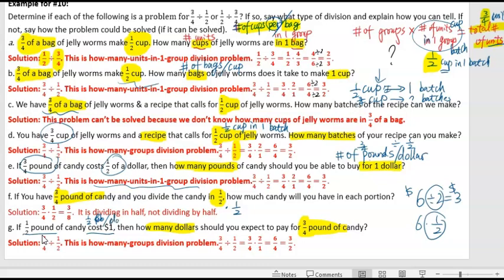Here, if we have this many pounds, how many dollars would it cost? So how many groups would that be? We're going to take 3/4, the total units, divided by the units in one to get the answer.